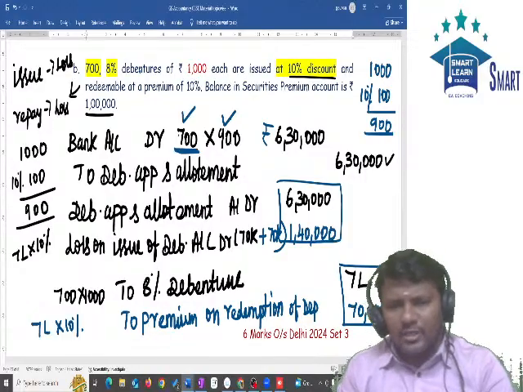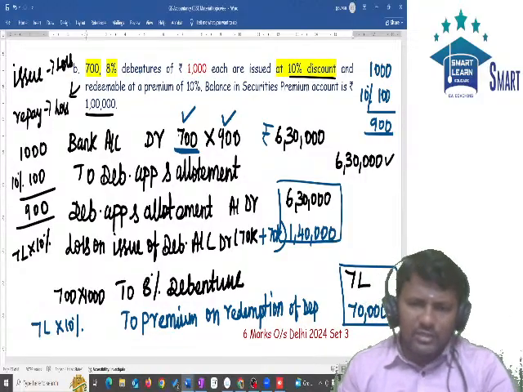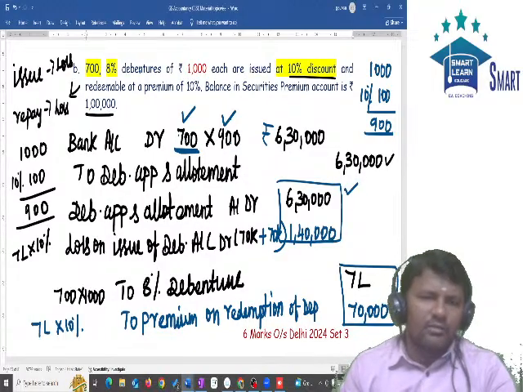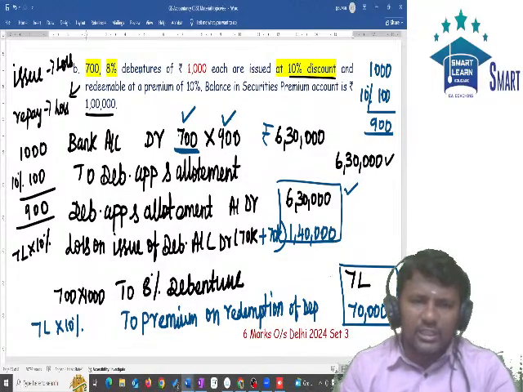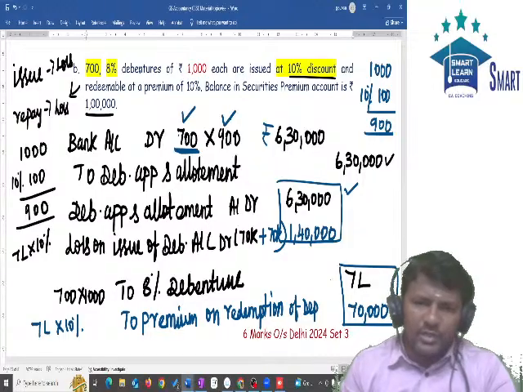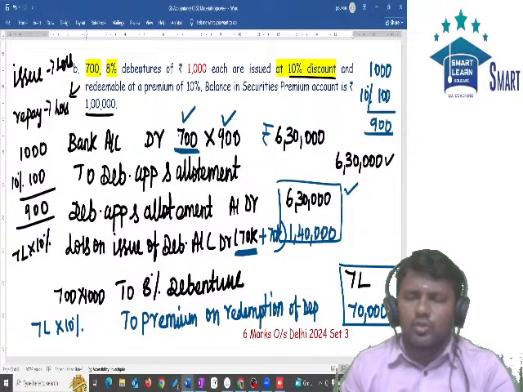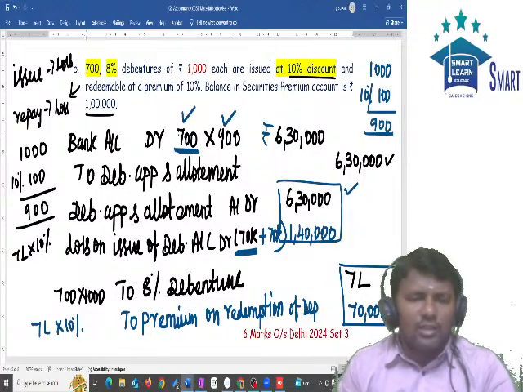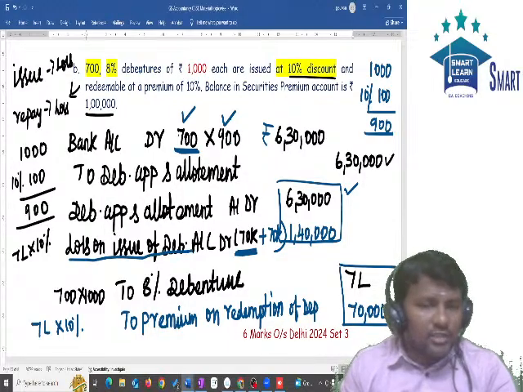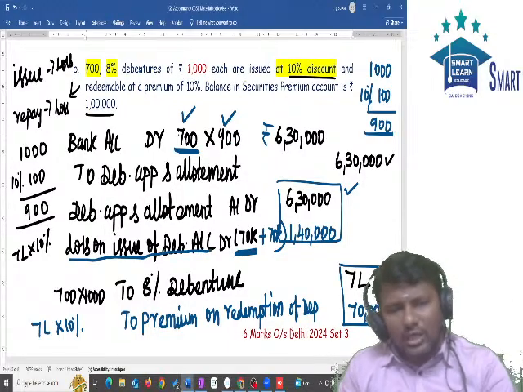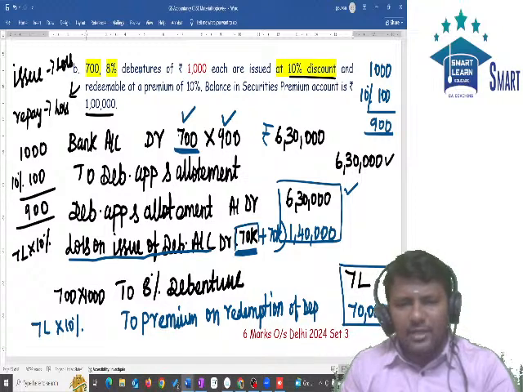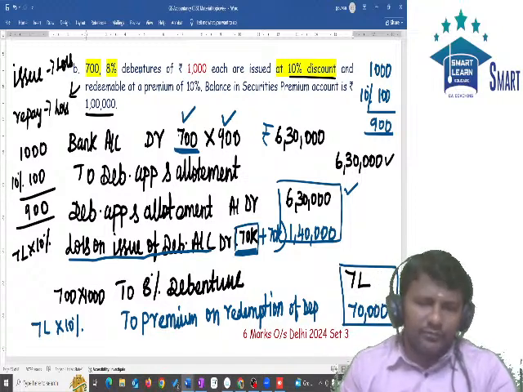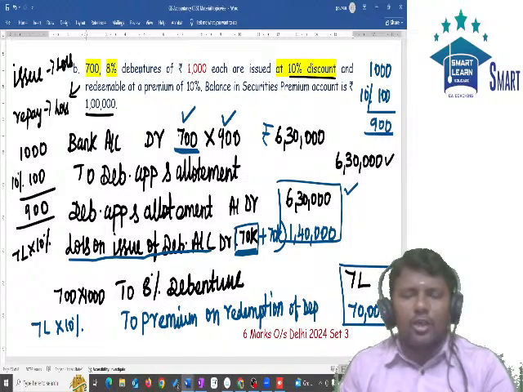Debenture allotment should be transferred to debentures. So 6,30,000 debenture allotment. Also 70,000 is a discount. The discount should be debited with 70,000. The discount is also called loss on issue of debenture. So loss on issue of debenture is primarily debited with 70,000. In addition to this 70,000, we have one more loss.